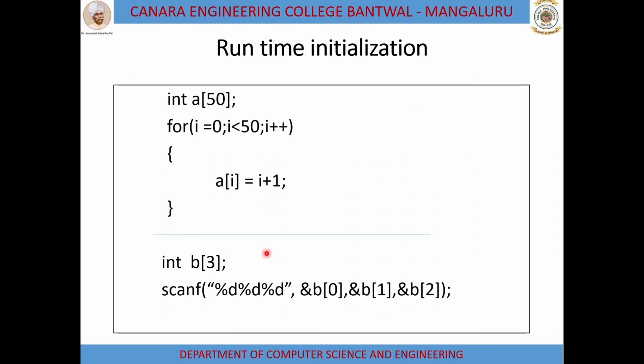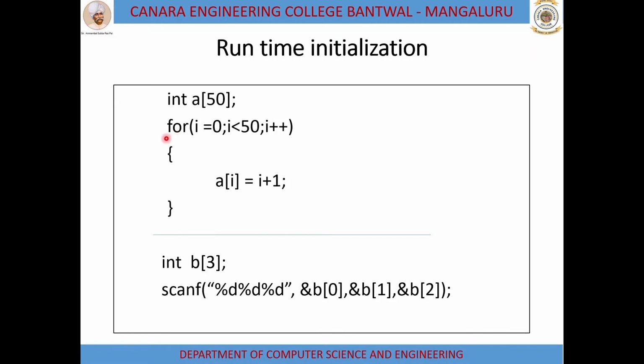Runtime initialization, that is during runtime, when you run the program, you want to accept the array elements from the user. In such a case, what are we supposed to do, or how can we accept the values and store the values in the array? So here I have declared an array int A[50]. So totally a maximum of 50 elements I can store here.